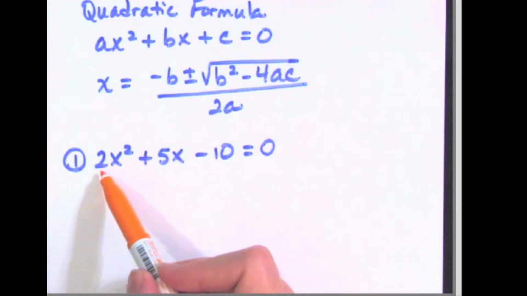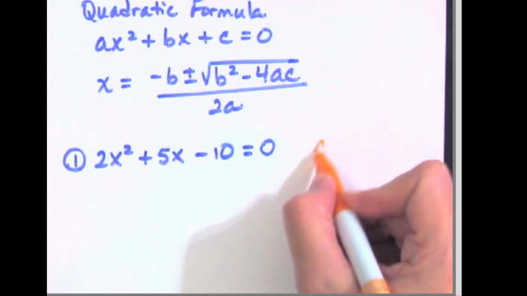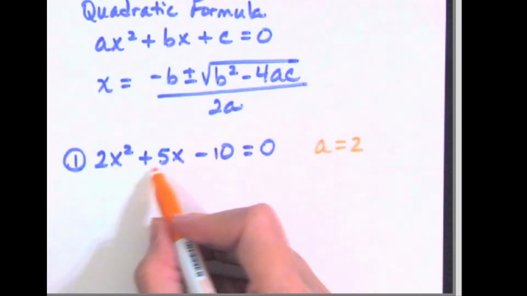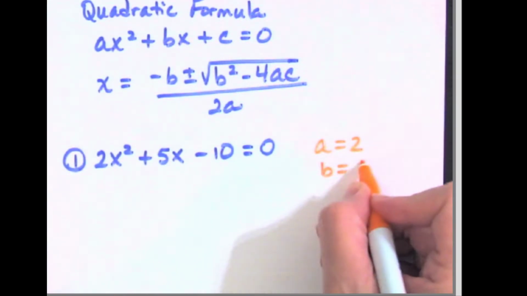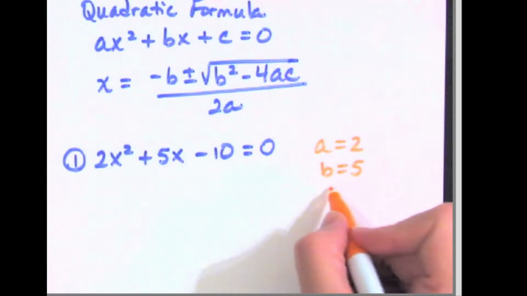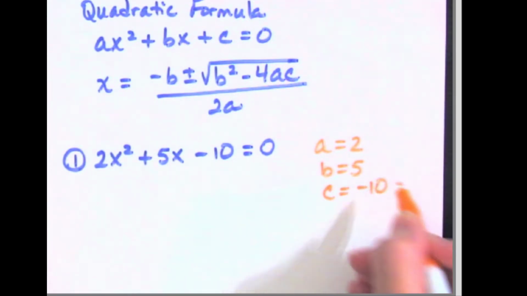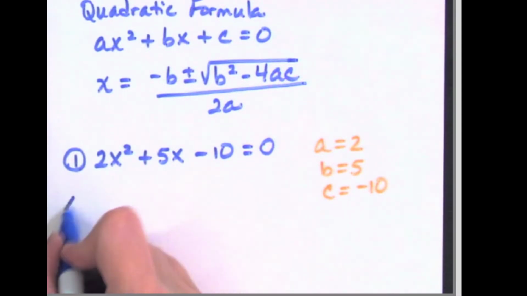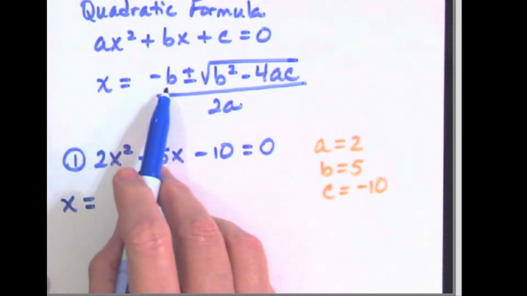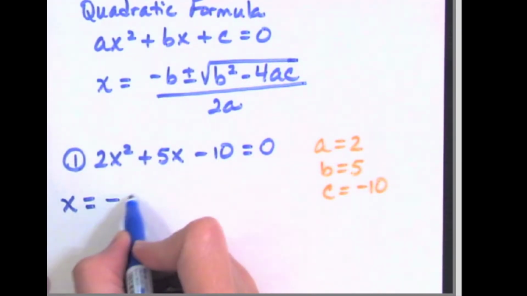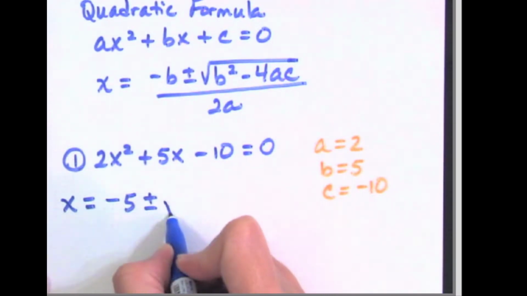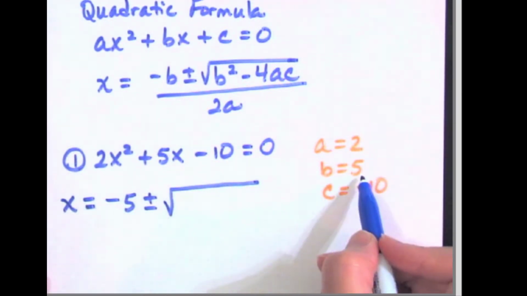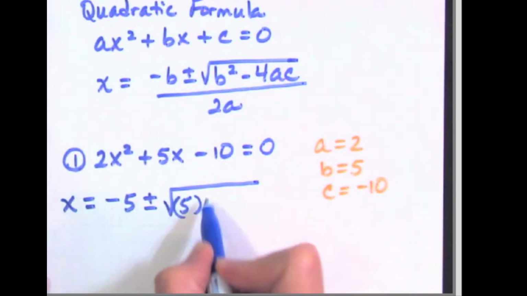Our a in this problem is going to be 2, so I'm just going to write that to the side. B is positive 5. And C is negative 10. Okay, and these are the numbers we're going to be plugging in. Our variable is x. So we're going to take the opposite of b, so that's negative 5, plus or minus the square root of b squared.